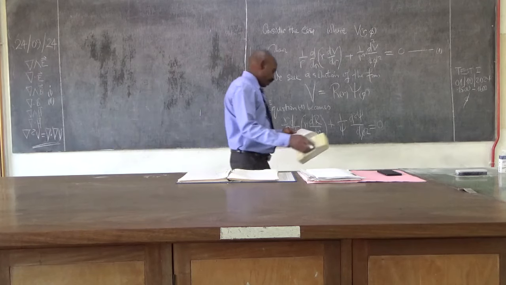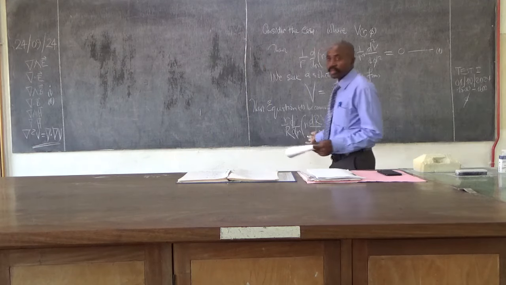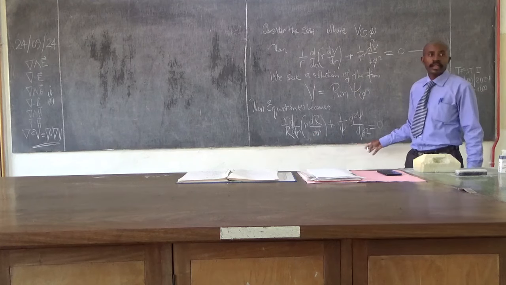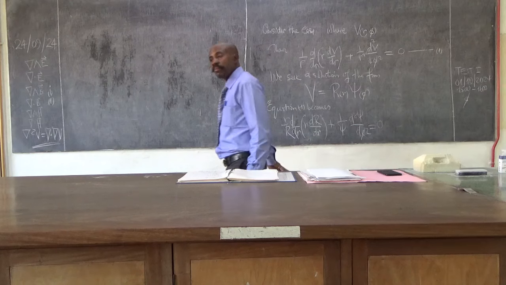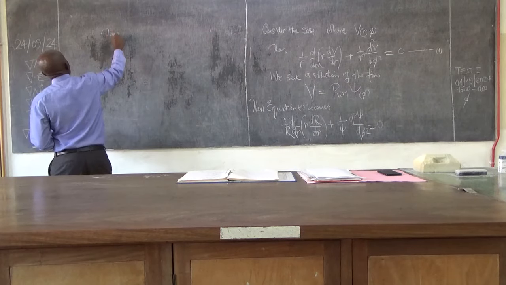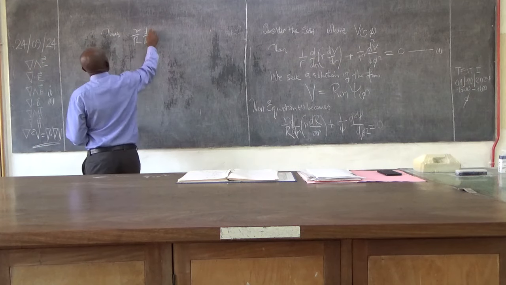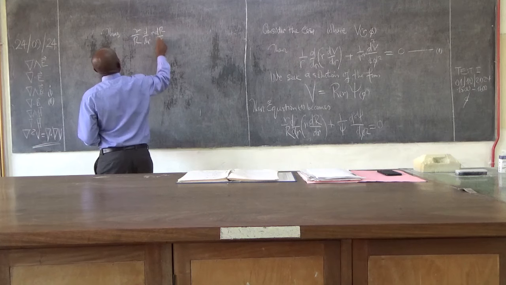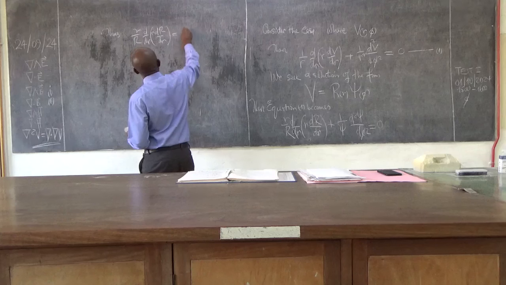So that means we can set this to be some constant k squared and the other constant minus k squared, so that when you sum them up, they give you zero. Thus, r over R d/dr of (r dR/dr) is equal to k squared.